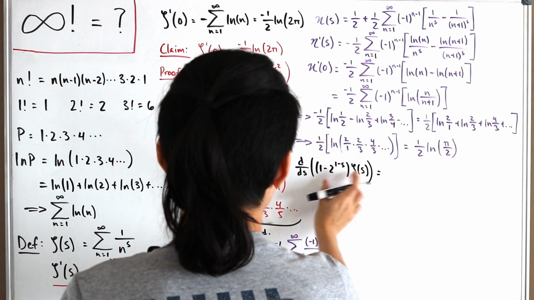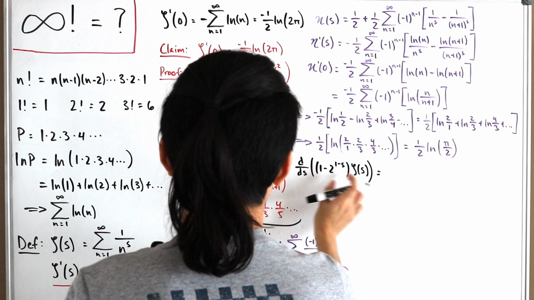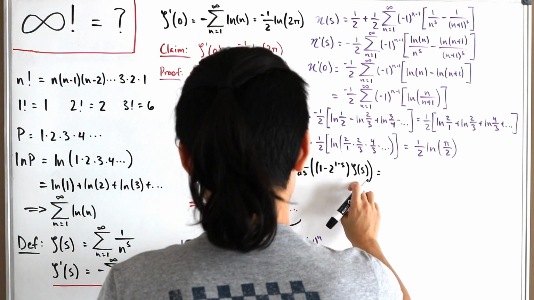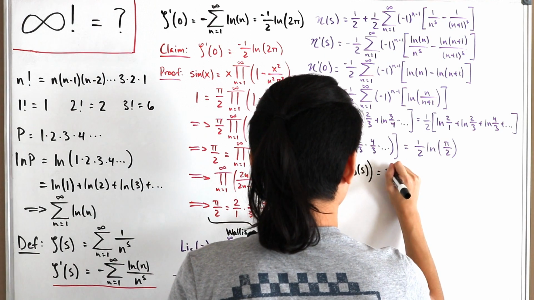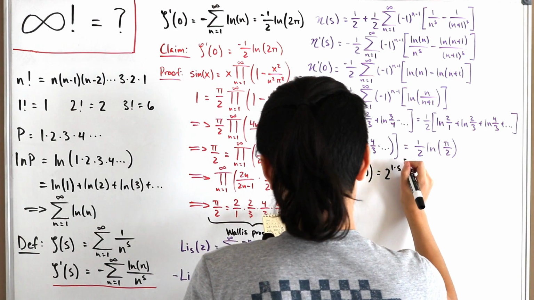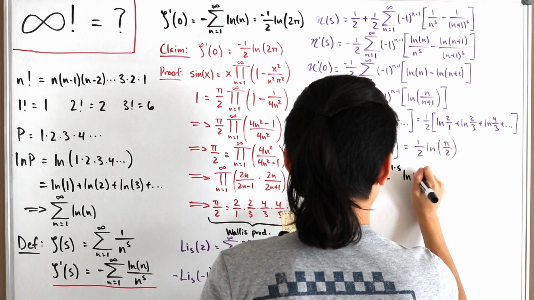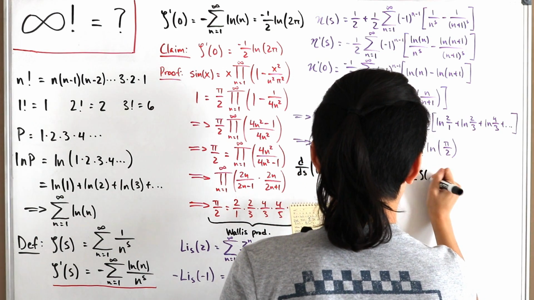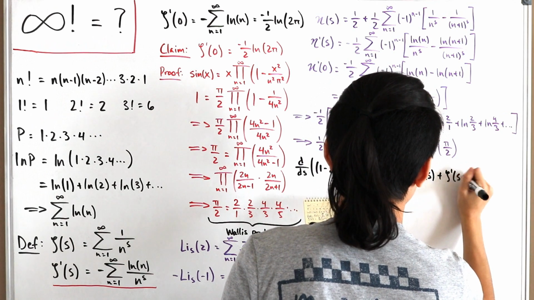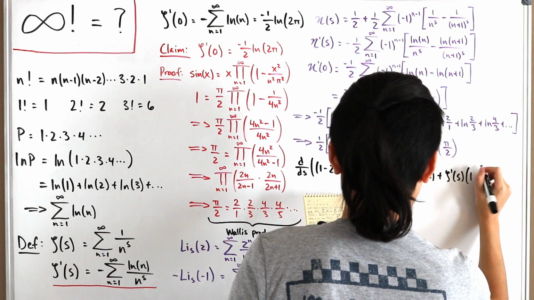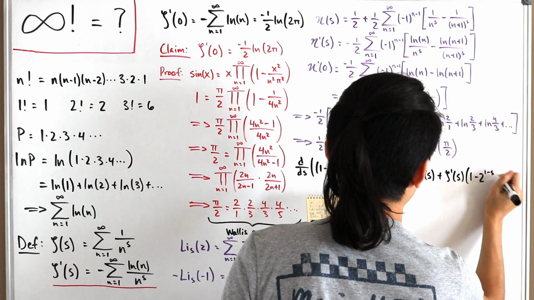So you take the derivative of this, multiply with this, add this with this, times the derivative of the Riemann zeta of s. Show all that work, and then you're going to get that this is 2 to the power 1 minus s, multiplied with ln of 2, then multiplied with the Riemann zeta of s, and then add this with the Riemann zeta prime of s, multiplied with 1 minus 2 to the power 1 minus s.